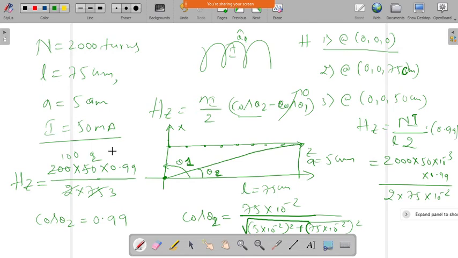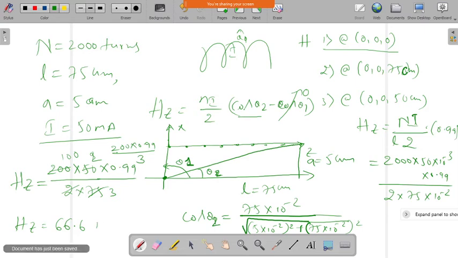We have 200 into 0.99 divided by 3. So how much are you getting for Hz? 66.66. Okay, so this is the magnetic field intensity in amperes per meter in the az direction.